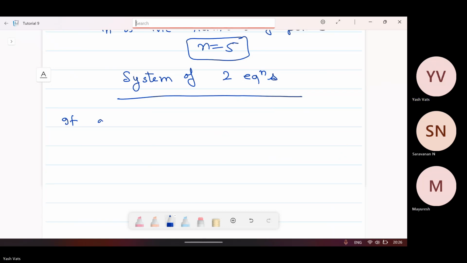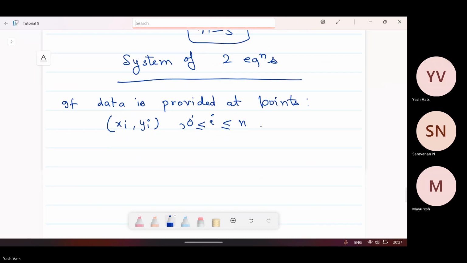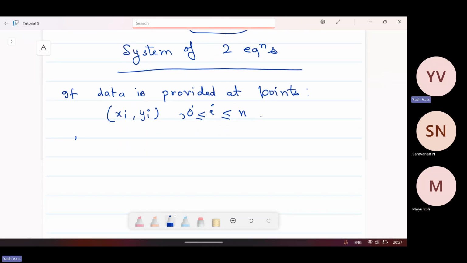If data is provided at points (xi, yi), i from 0 to n, let p(x) equal c0 plus c1 x be a line approximation to the data.